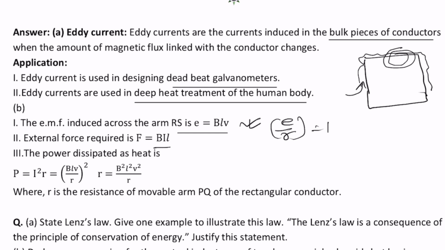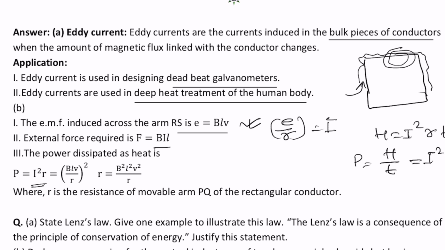This is the current, so we have to replace this I square here. I square RT is the heat generated, I square R is the power. Heat is I square RT, the resistance into the time. So heat dissipated per time is nothing but the power consumed.